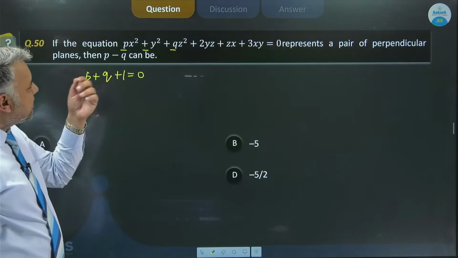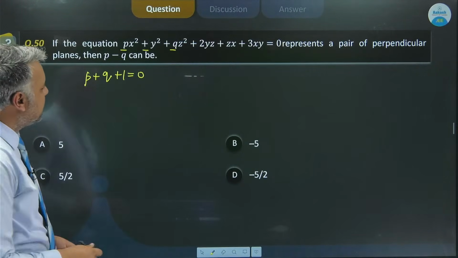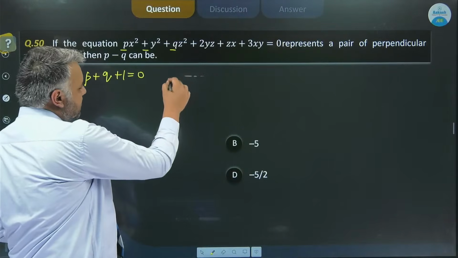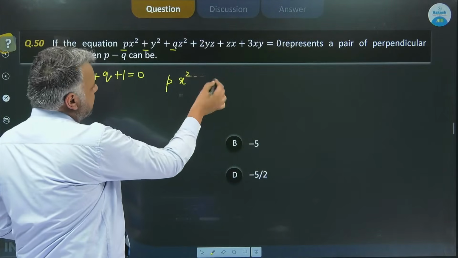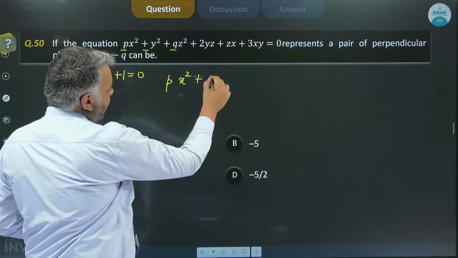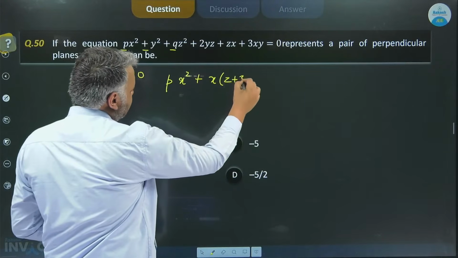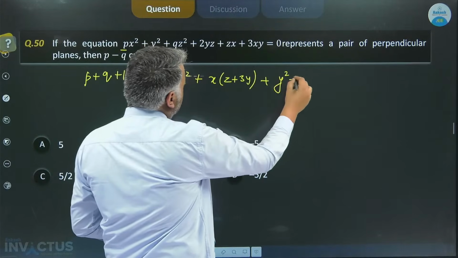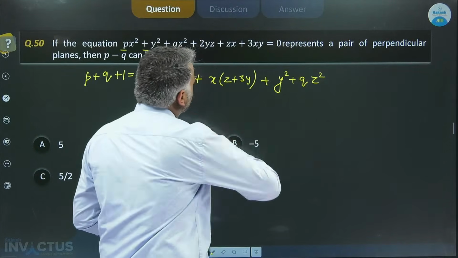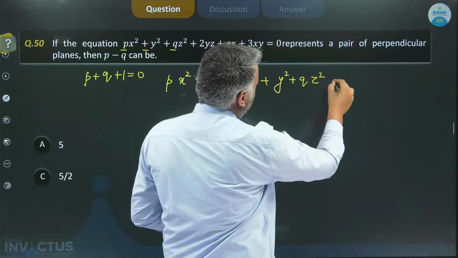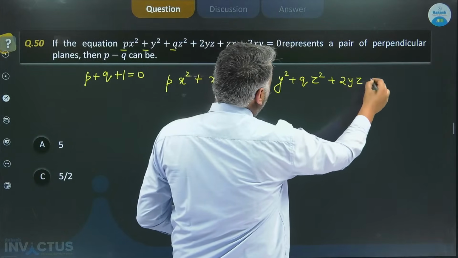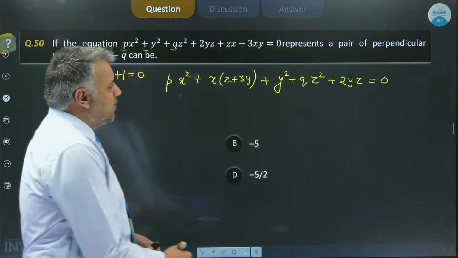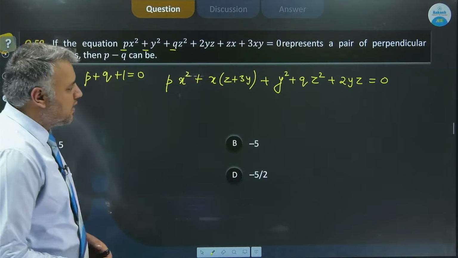Secondly, if this equation represents a plane, let's form a quadratic in x. So that quadratic will be P x square plus x into z plus 3y, plus y square plus q z square, plus 2yz is equal to 0. This is a quadratic in x. Let's write down its roots.